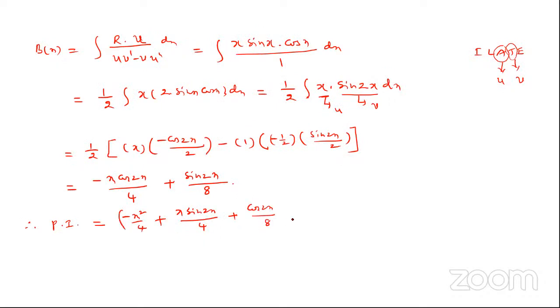This is the total value ax into ux, which is only cos x here, plus the bx value, which is minus x cos 2x divided by 4 plus sin 2x by 8, into vx, which is sin x.